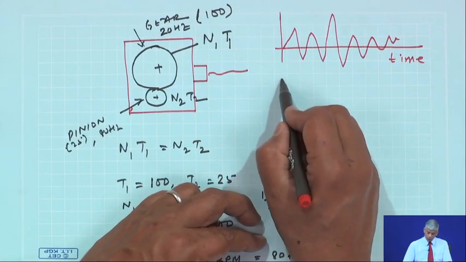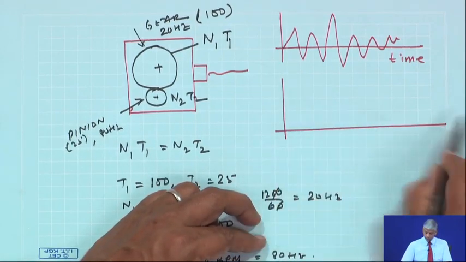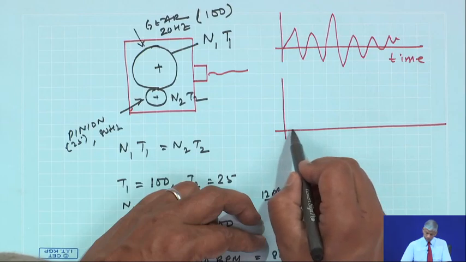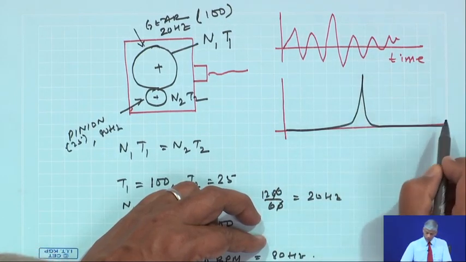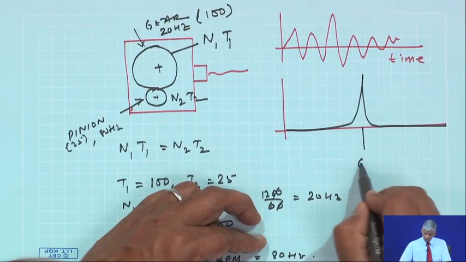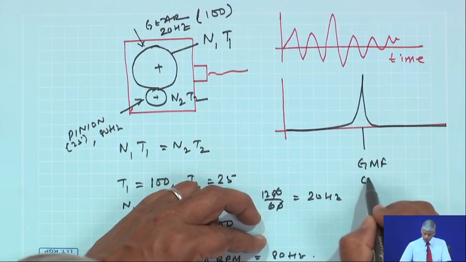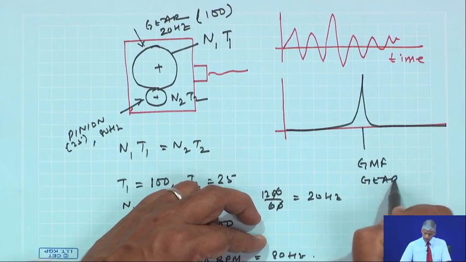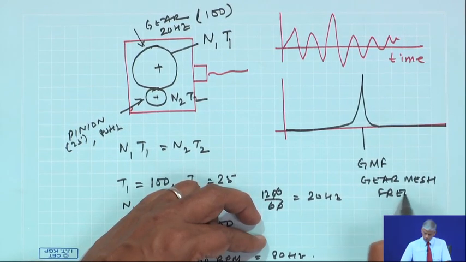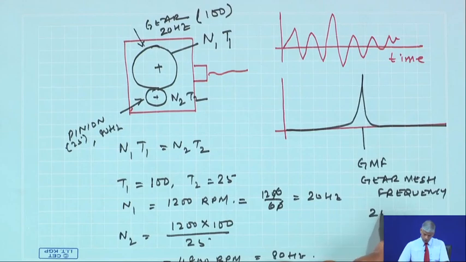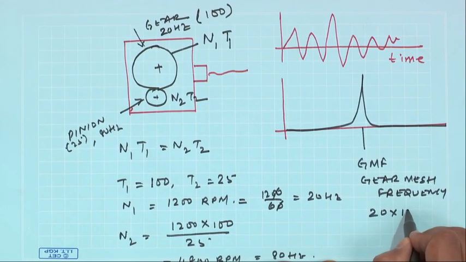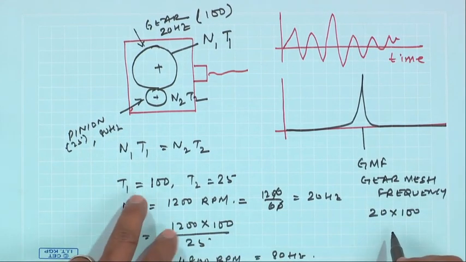So, if I do the FFT, I will see a frequency of, this is nothing but the GMF, which is the gear mesh frequency, which is nothing but 20 times 100, because 100 teeth.